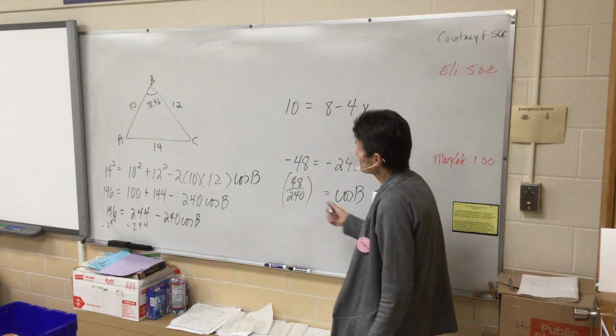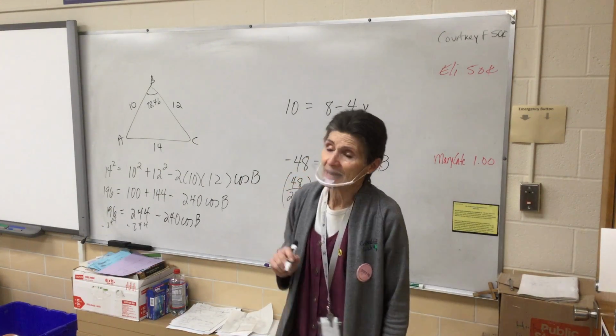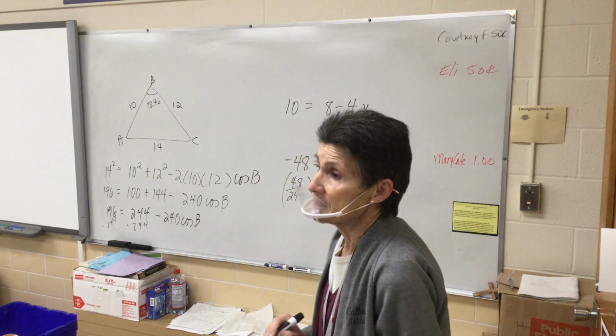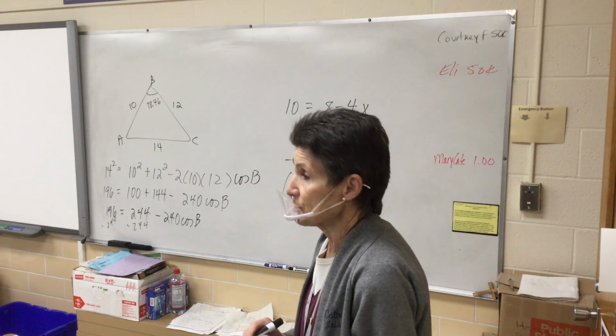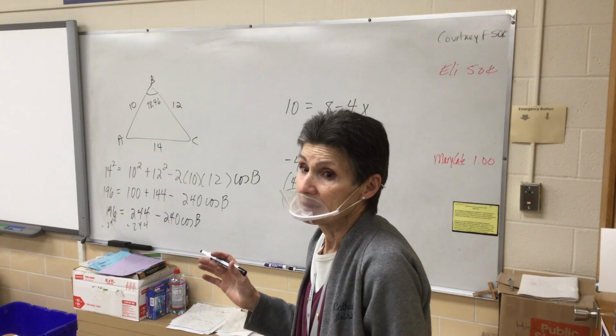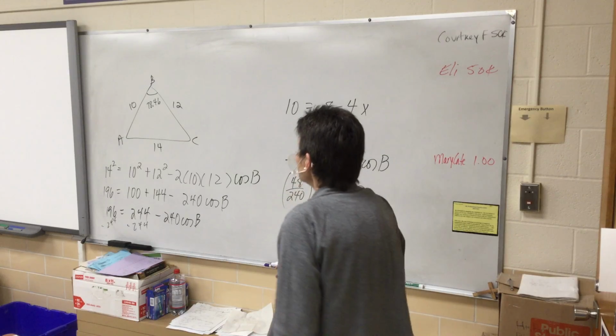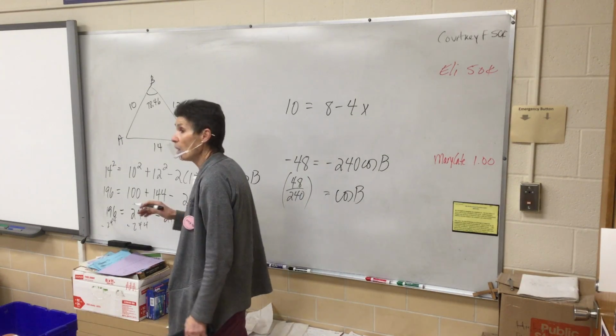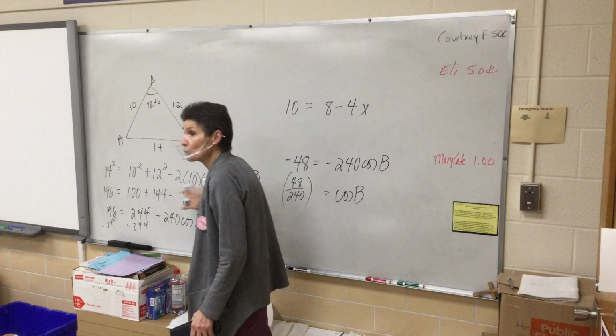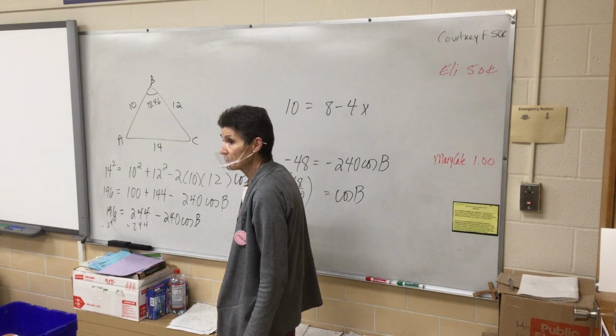Now, once you figured out that that angle is 78, you have more to do. Well, yes, there's still more to go, but now what? Now you can do the law of sines.